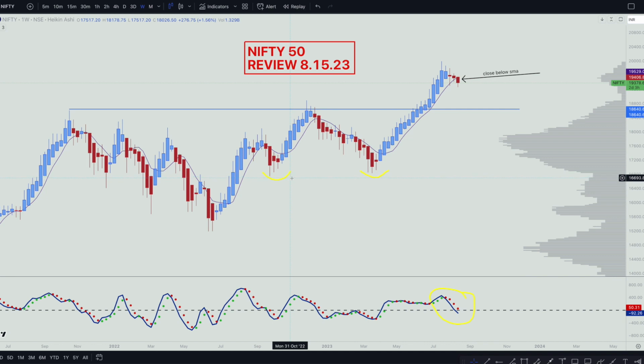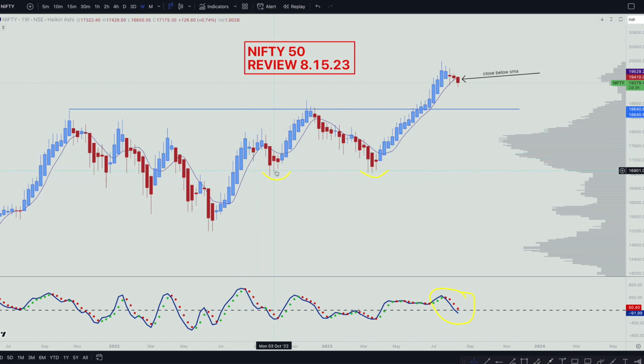So looking at it from a weekly perspective, we can see some very nice bullish action as of late. We had this kind of up and down pattern throughout the course of 2022, moving in a downward fashion. Then around the summertime in June it bottomed out and began moving back to the upside.